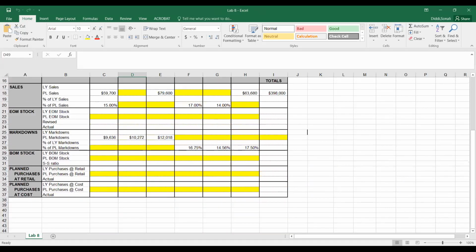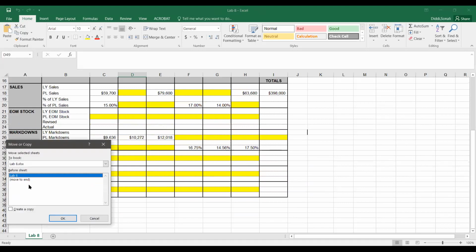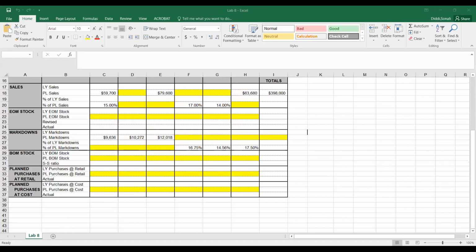What you can do is just go ahead, say move or copy, so that I can export it there. And this one was Word, 8.2.